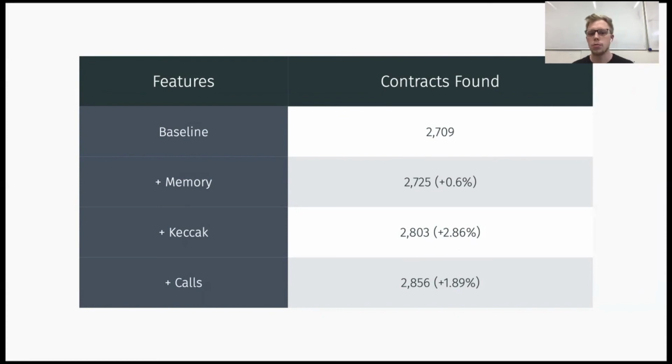Then we turned memory on, reanalyzed the data set, and recorded how many bugs we then found. And for each of the improvements, we found more bugs. So all of them contribute to the overall number. Note that memory seems rather small here, but we have such a precise memory model to enable correct reasoning about Keccak and inter-contract reasoning.